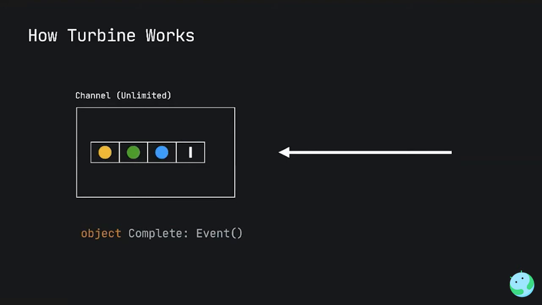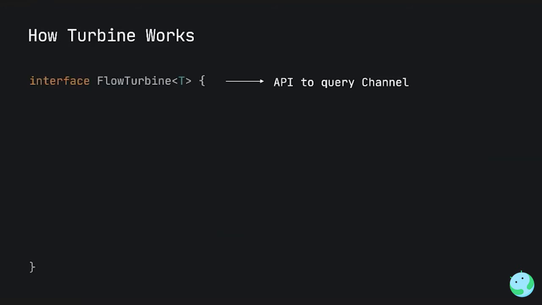And I could query these events in my test. If an exception happened while it was collecting from the flow, it will store that as an error event in this channel. So how do we query this channel in our test? Let's look at that. This library provides you with this interface. This interface has methods that you're going to use in your test.